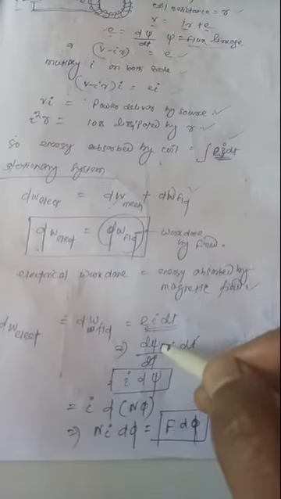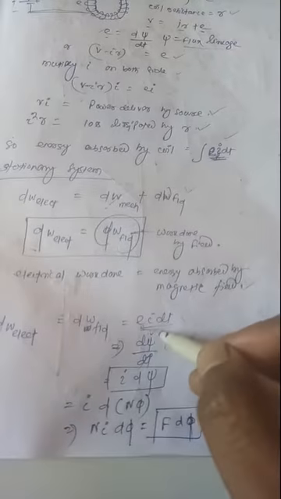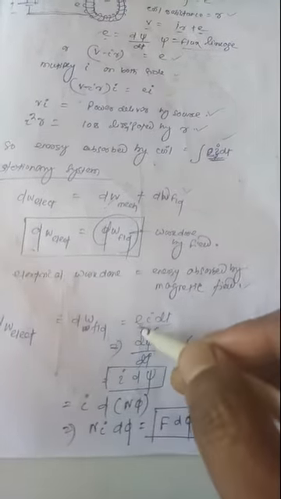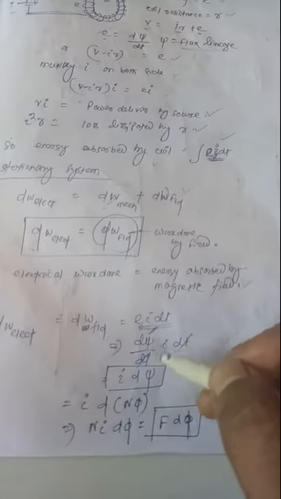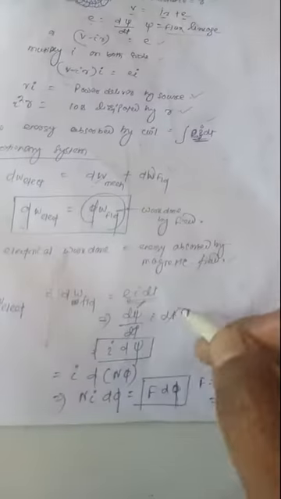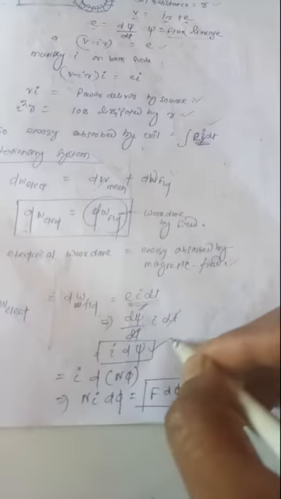The induced EMF occurs when there is a rate of change of flux linkage. So over this E we substitute d psi by dt into I dt. So dt gets cancelled and this becomes I d psi.